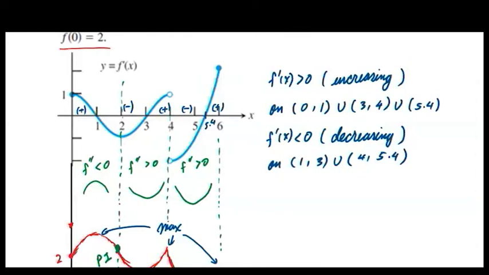Question? Isn't there supposed to be a stick on the increasing? I can't hear you. Isn't there supposed to be a 6 next to the 5? Oh, yeah, I just put 5.4 and didn't write 6, of course. Nice catch.